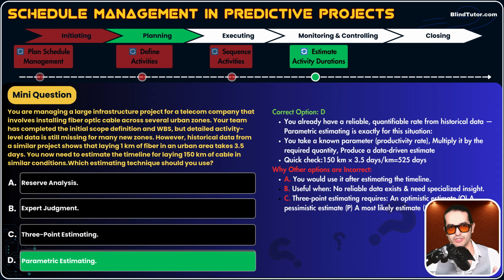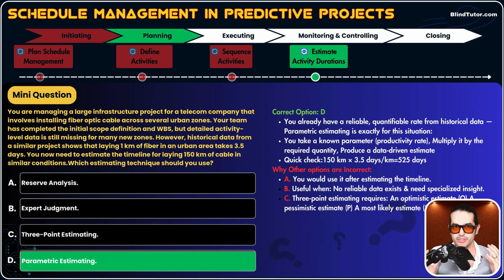And remember, 3-point estimating, option C. I didn't talk about 3-point estimating. 3-point estimating is that, remember PERT? Optimistic plus 4 M plus pessimistic P, divided by 6. PERT is part of 3-point estimating. 3-point estimating could have just a simple average. 3-point estimating considers 3 numbers: optimistic, most likely, and pessimistic. PERT is a child of 3-point estimating.